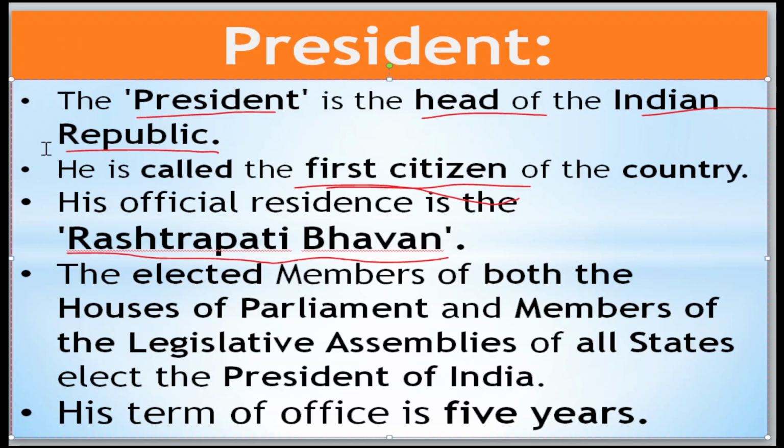The elected members of both the houses of parliament, meaning Lok Sabha and Rajya Sabha members, and along with that members of the legislative assemblies of all the states, meaning all the states' MLAs, will vote for the president, and elect him.